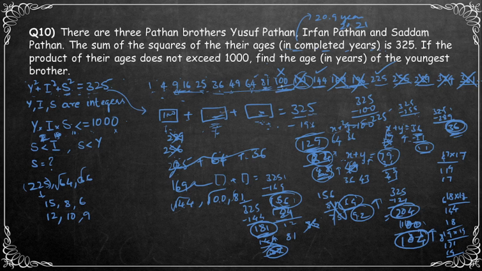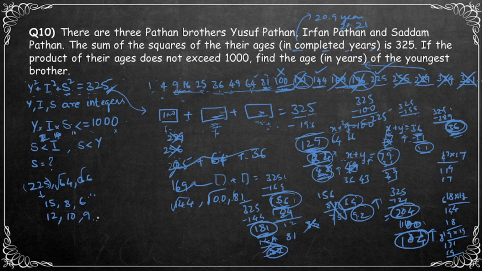If you think we should take 196 plus something, we need not, because we have already considered that side. So these two are the possibilities from this equation.